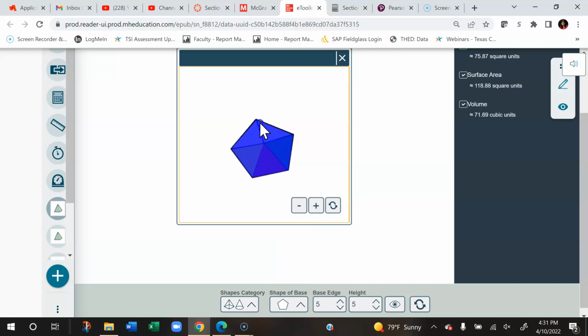It has a pentagonal base, but then it comes up to the top. And I'm going to change the height to 10. That way we can see it a little bit better. Okay. So it comes up to a point. And where it comes up to a point, that is going to be a pyramid.